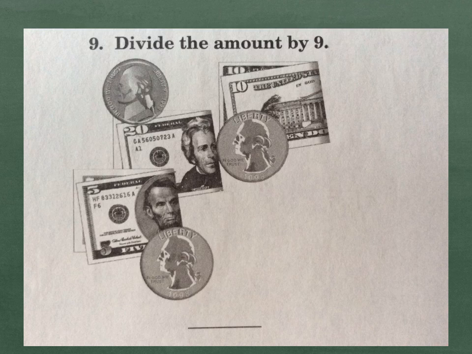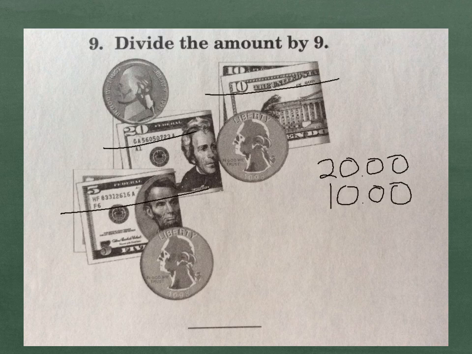Okay, and then 9, it's telling us to divide the amount by 9. I'm going to help you figure out what amount we have here. I always start with the biggest bill first. So we have $20 plus the $10. I guess I might cross it out so I don't get confused. I did the 20, I did the 10, I'll do the 5 now. Plus $5. My 2/4 is 50 cents plus 5 more would be 55 cents.